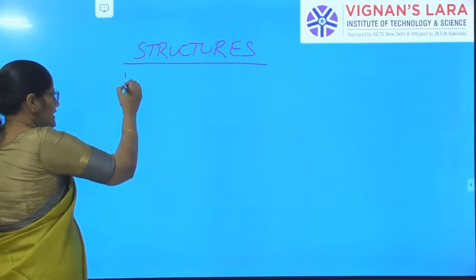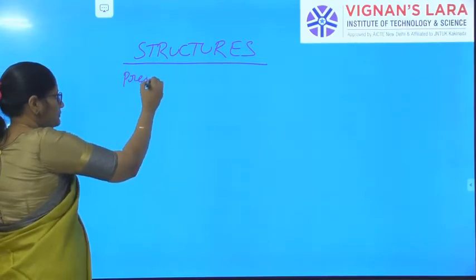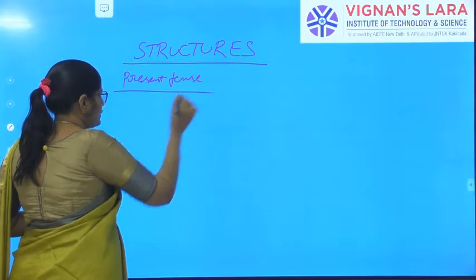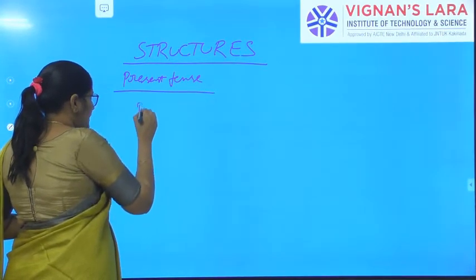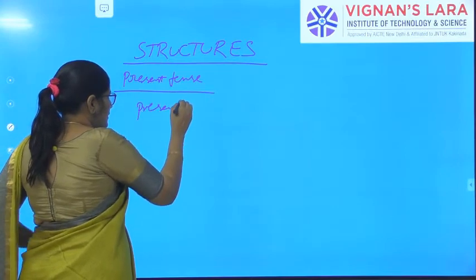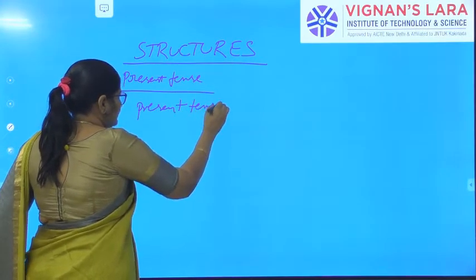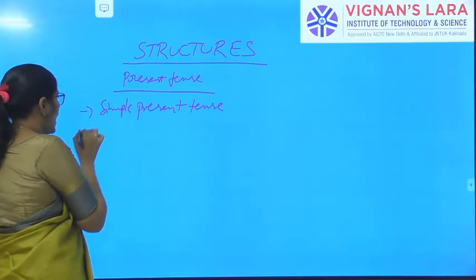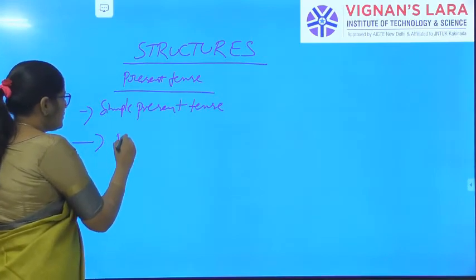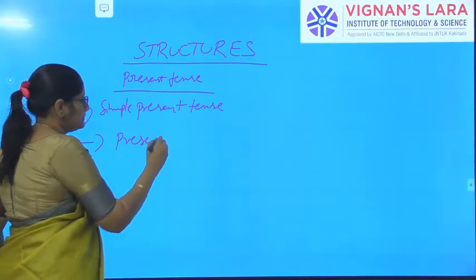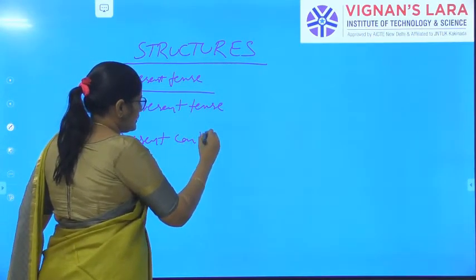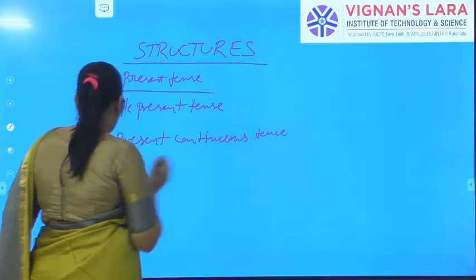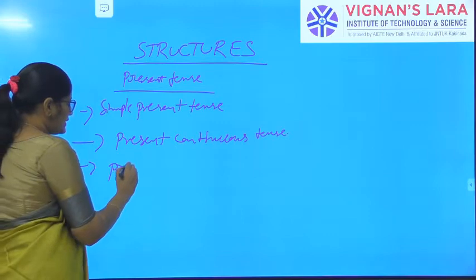We'll go with the present tense first. Simple present tense is one, and this is present continuous tense. Next, present perfect tense.